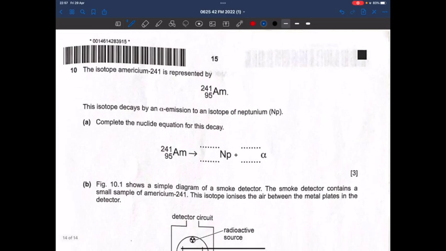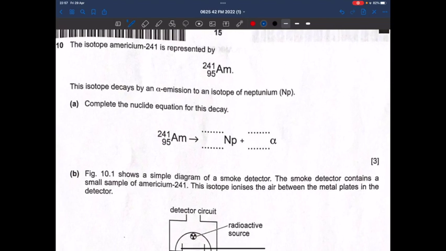The isotope americium 241 is represented by Am 95, 241. This isotope decays by alpha emission to the isotope of neptunium, Np. Complete the nuclide equation for this decay. The easiest part for me is alpha.